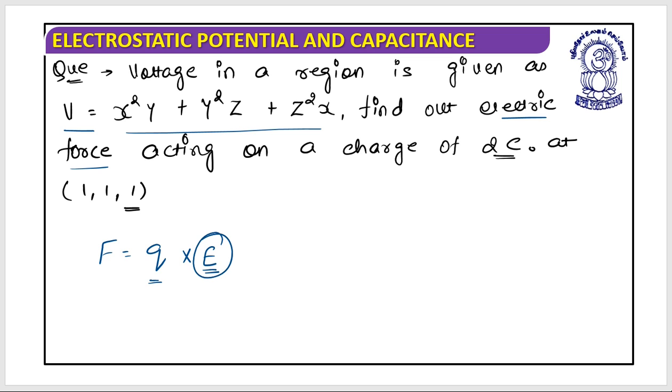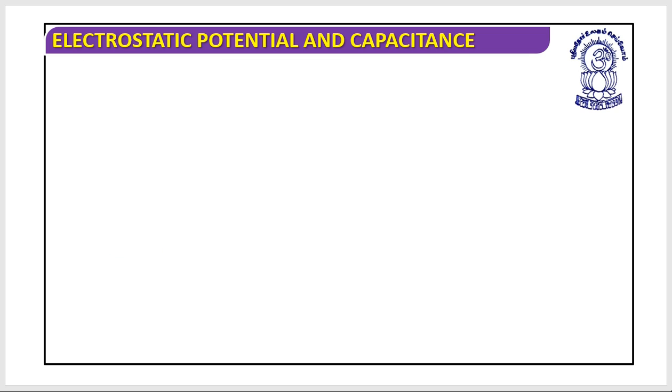What I only require is the electric field. Now electric field is a vector quantity. I require an electric field in X, in Y, and in Z. So what I need to do is just partially differentiate this and find out Ex, Ey, and Ez. So let's do this very quickly.